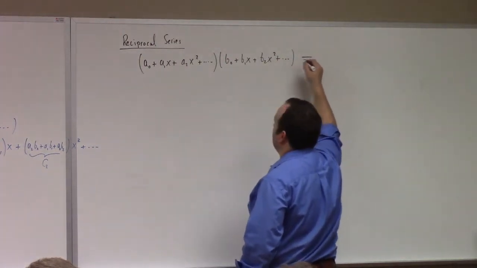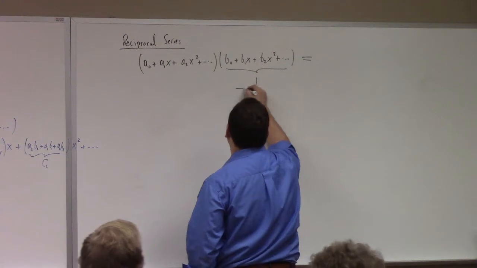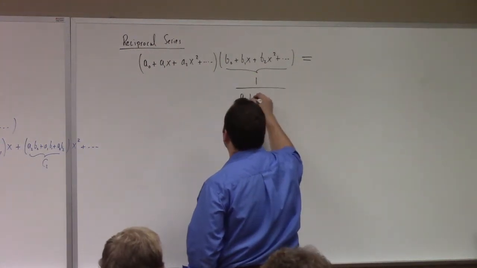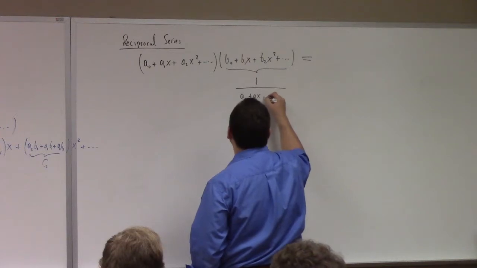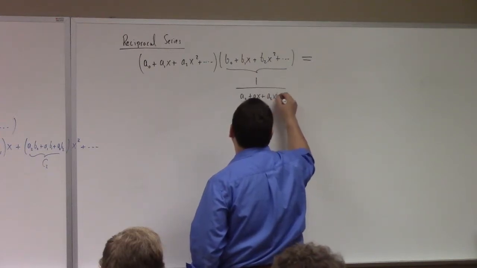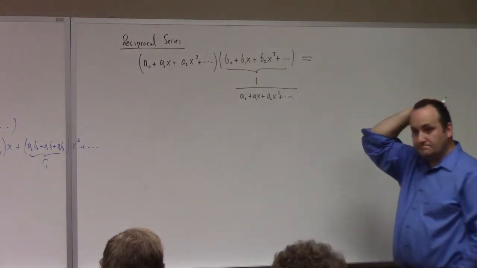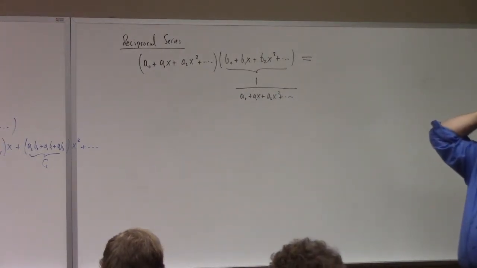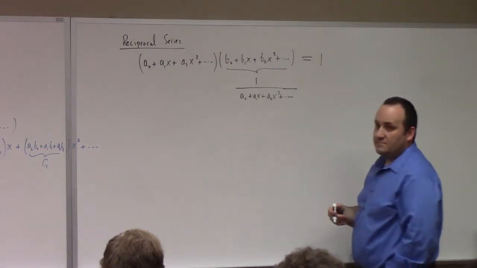If I want this to be 1 over that series, what do I need for this to multiply out to be? What's this need to multiply to? 1, right.